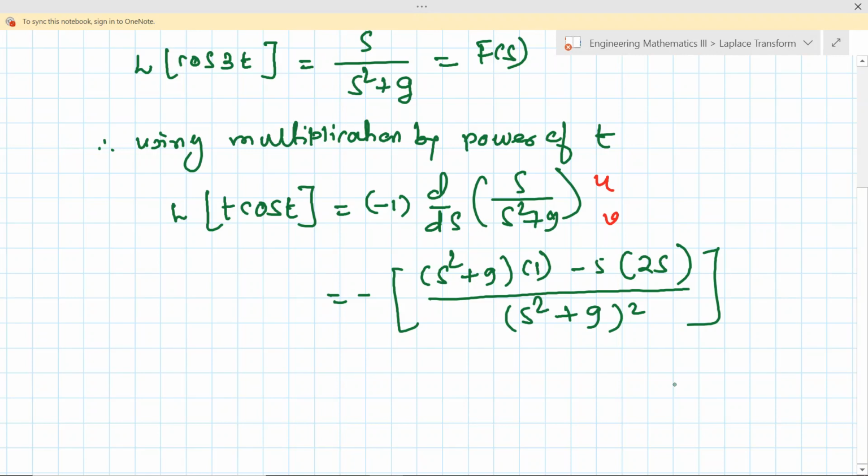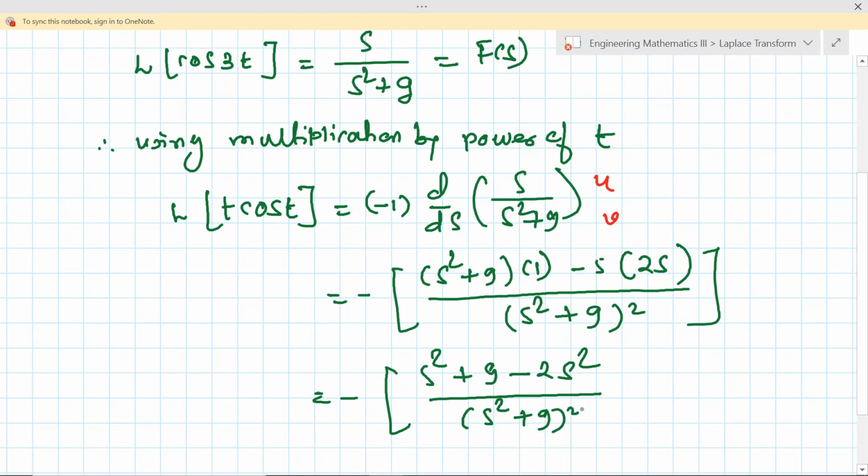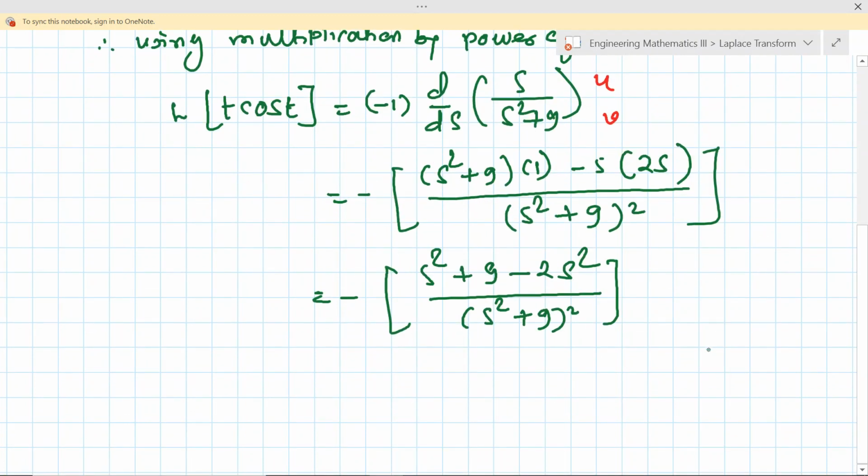The u upon v rule you need to remember. Minus, so what is inside the bracket? (s squared plus 9) times 1 is s squared plus 9, minus 2s squared, divided by (s squared plus 9) squared. That's it. Now what is s squared minus 2s squared?